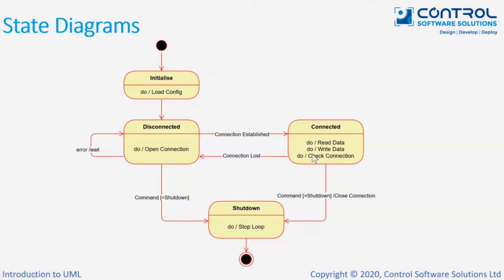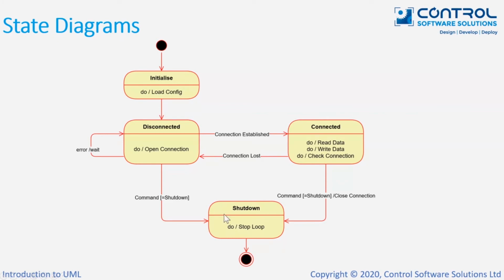The other thing, so then the two ways out of connected and disconnected is also, so I've got a trigger command, okay? So if we receive a command and that command equals shutdown, we progress to the shutdown state. Now, in the shutdown state, I'm going to stop the loop and then we're done and we're out of our process loop. Now, I could have put close connection as an entry requirement to shutdown.